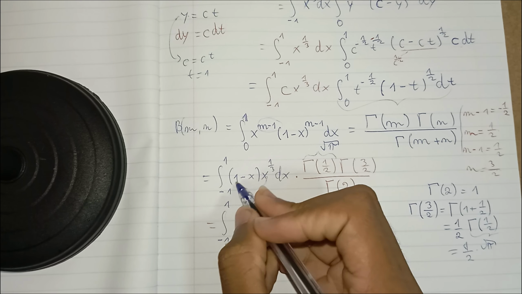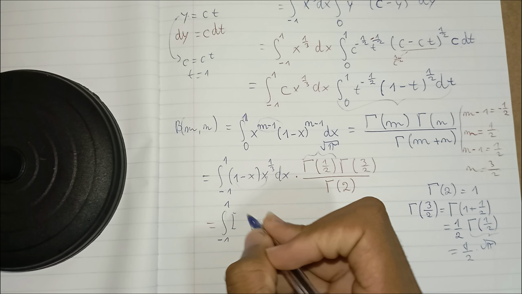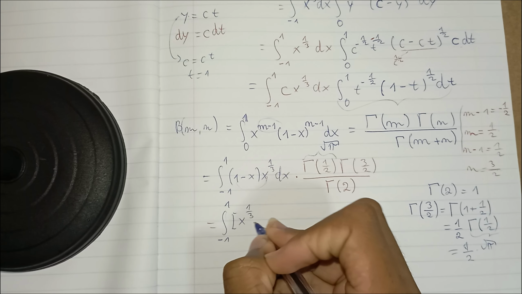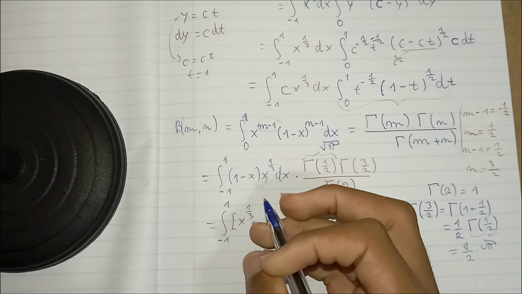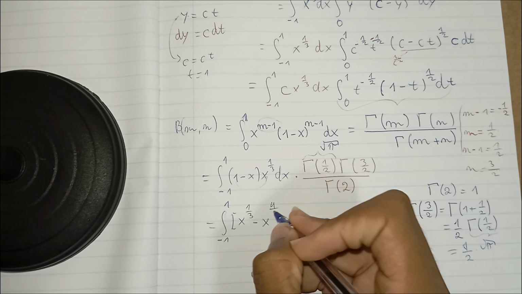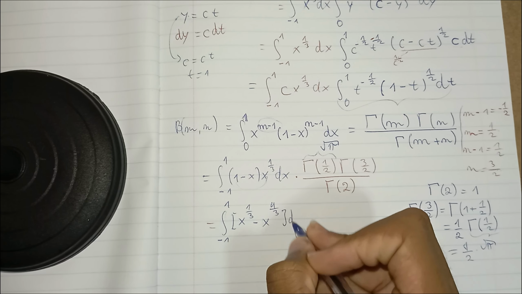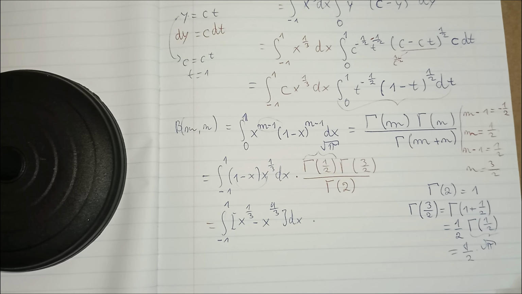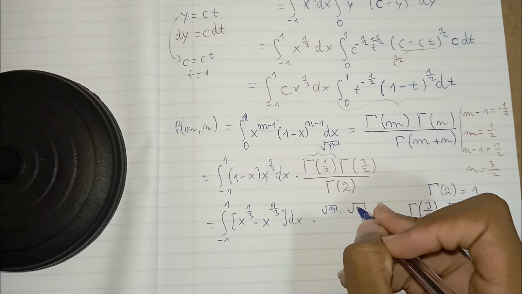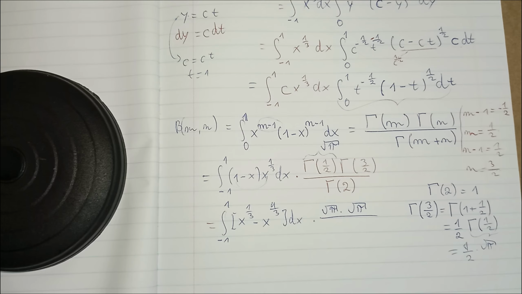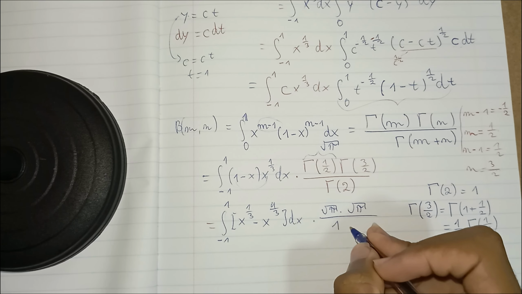If you multiply this and add the exponent there, you get this, right? dx times, what I get, square root of pi times square root of pi over 1 times 2.